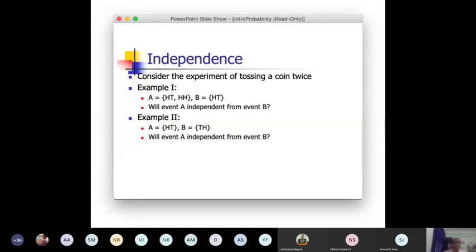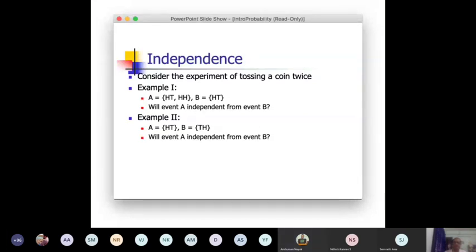So what are your verdicts? Last one will not be independent, sir. Both of them are independent, isn't it?